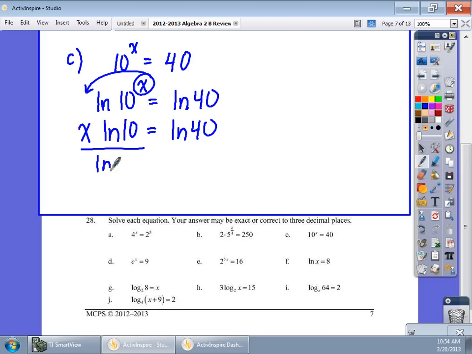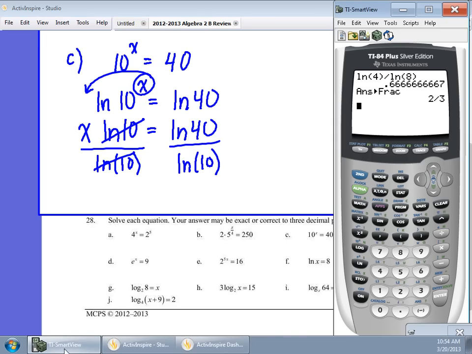Divide by natural log of 10 on both sides. And now we'll do in our calculators the natural log of 40, divided by the natural log of 10. And so we get 1.602.